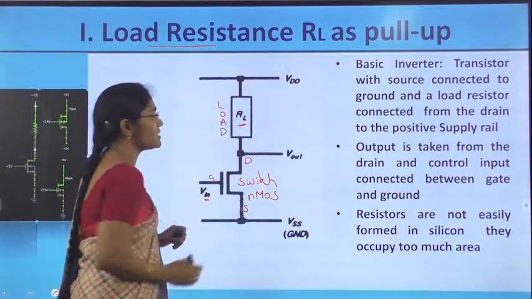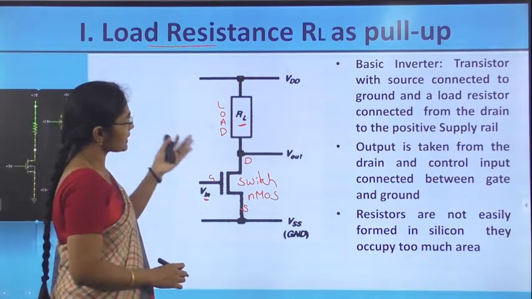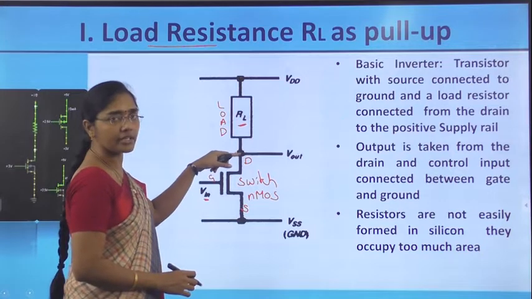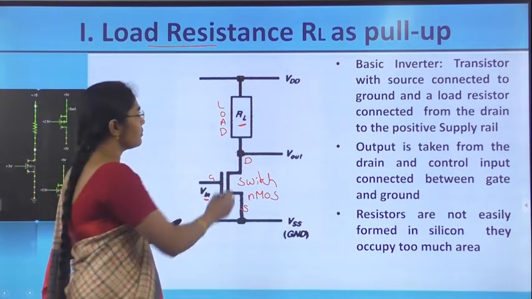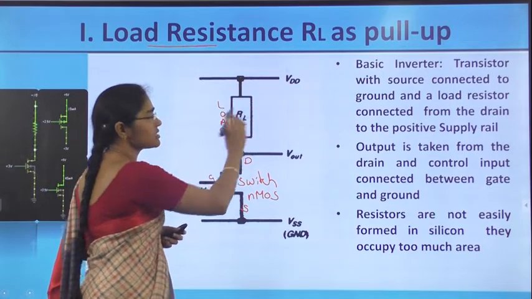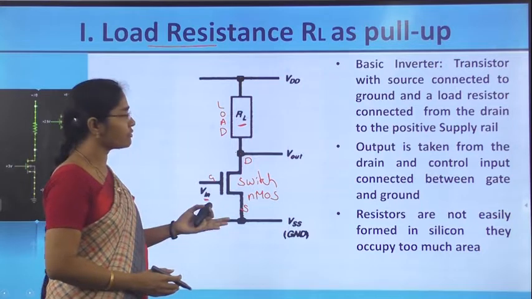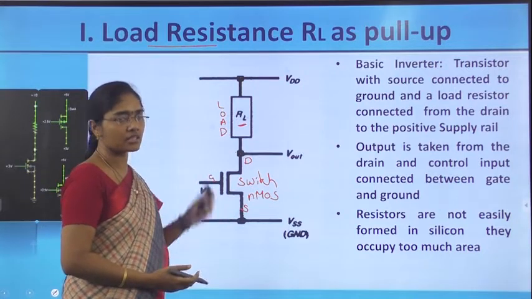This load device is RL here. Now, the output is taken from the joint connection of the load device and the drain terminal of the NMOS transistor. Here, because of using the resistance in the circuit, it occupies more space, therefore it is not preferable, but as a first case we are seeing this.